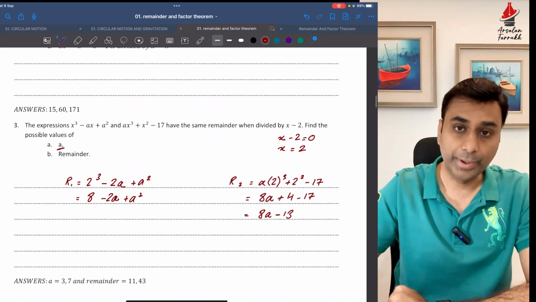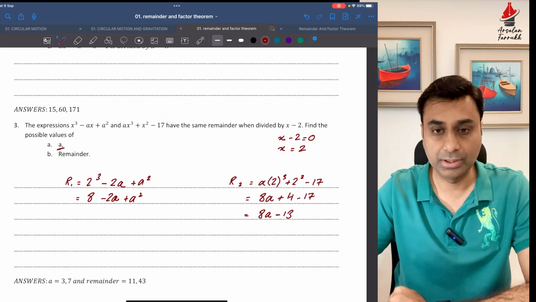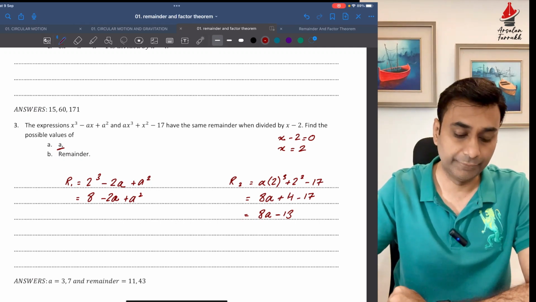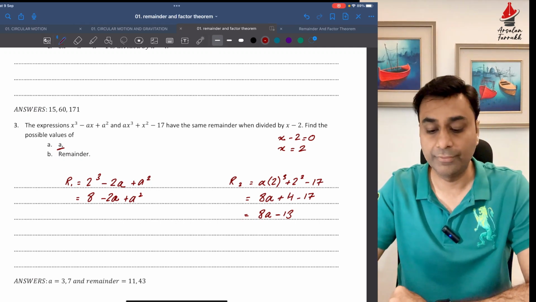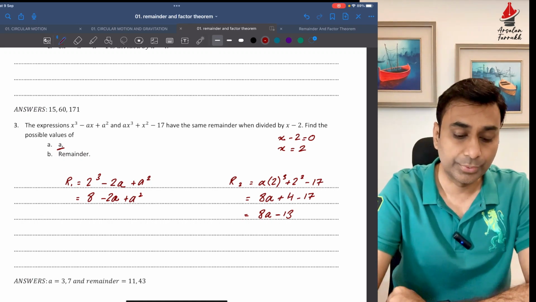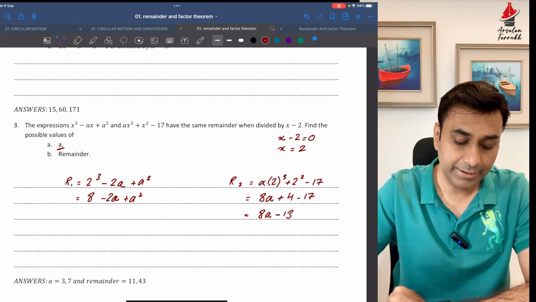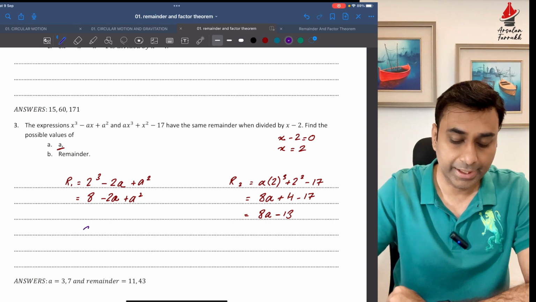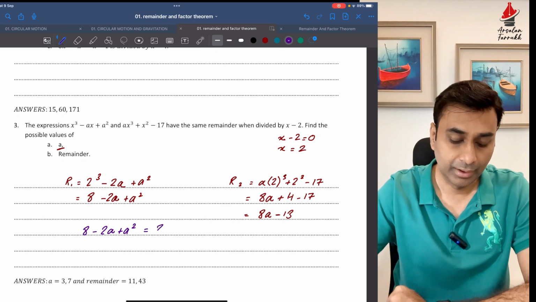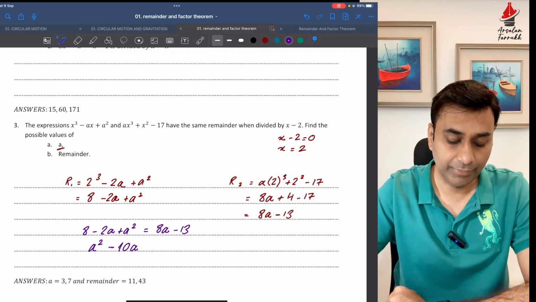Now, since the question told me that the two remainders are equal, the remainder I found with the first dividend and the remainder I found with the second dividend are supposed to be equated. So I would do 8 minus 2a plus a square is equal to 8a minus 13. And then it forms a quadratic equation, a square minus 10a plus 21 is equal to 0.